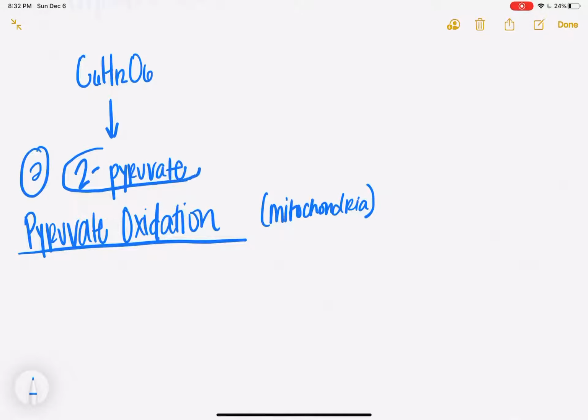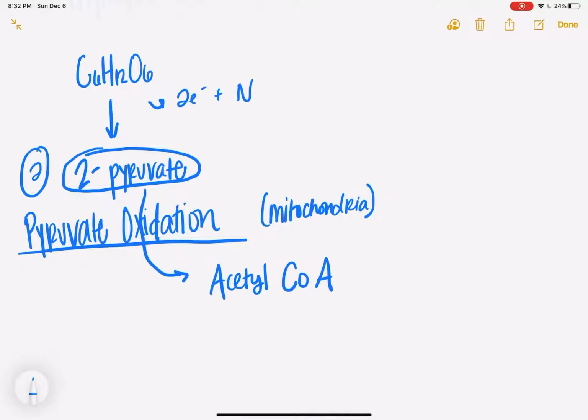And these pyruvate molecules are going to be converted to acetyl-CoA. Okay? In this process, you're going to lose 2 electrons that are going to be picked up by NAD+ to form NADH. NADH is going to the electron transport chain.